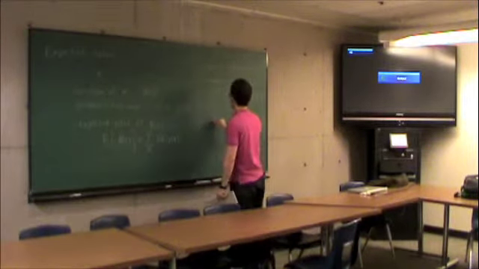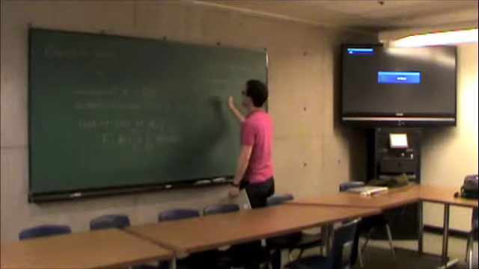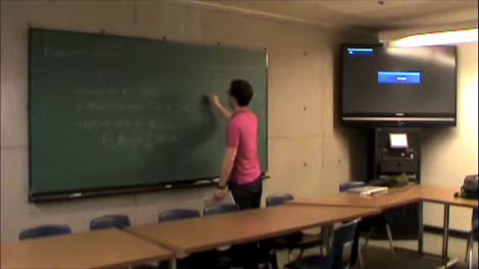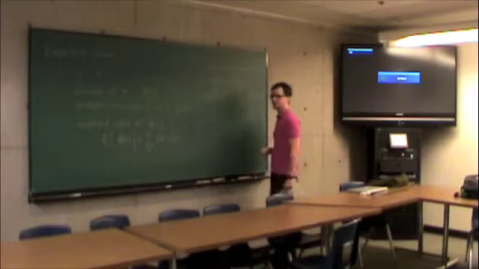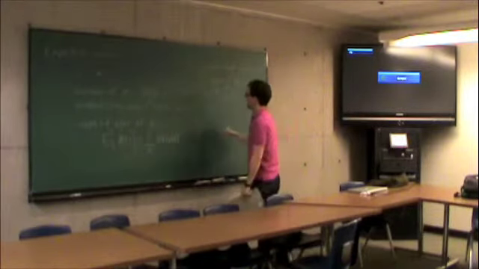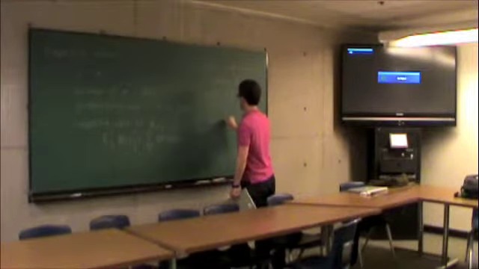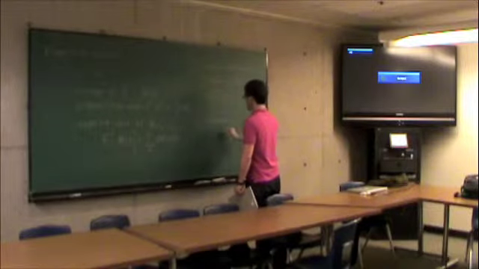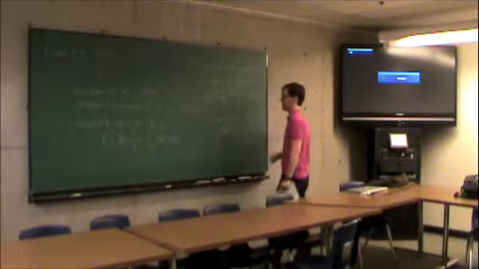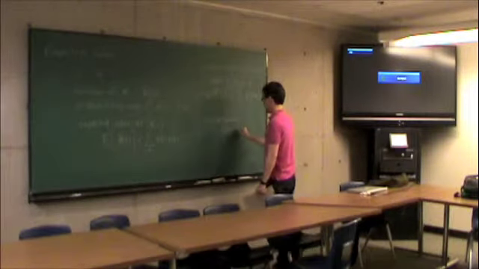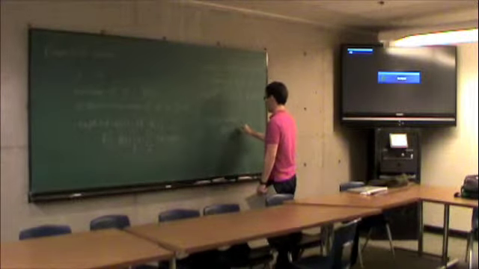Let's call this mx, or mean of x. So variance: phi of x is now equal to x minus mx squared.